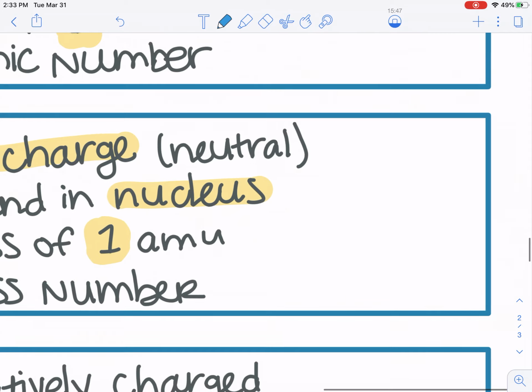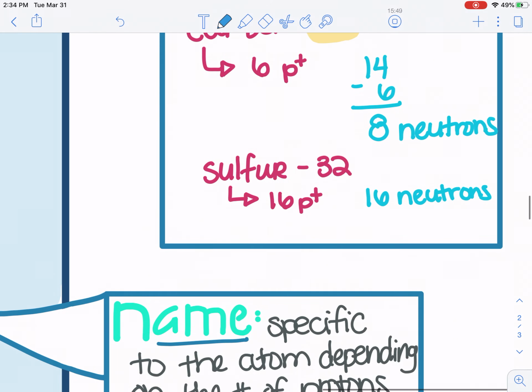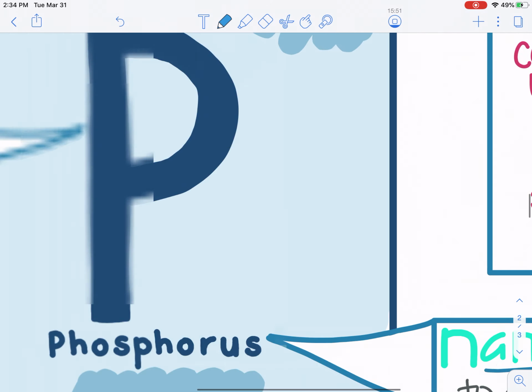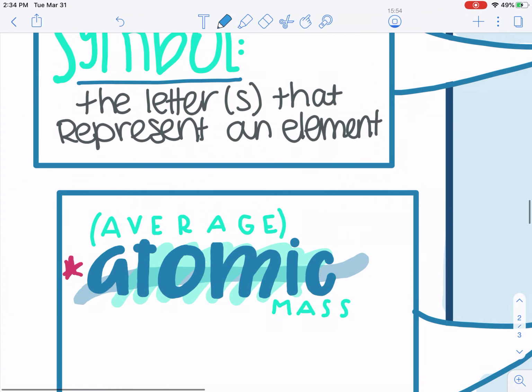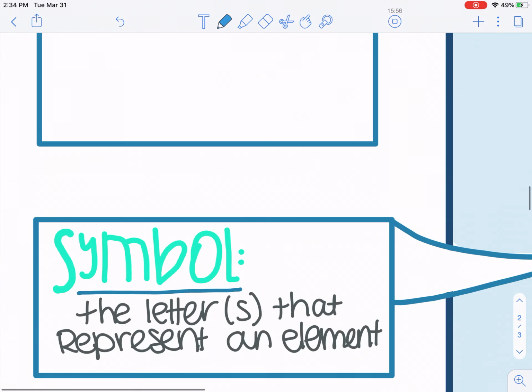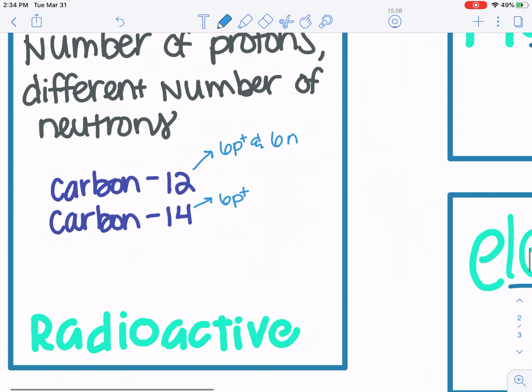Over here, there it is, carbon 14. 6 protons, again, it's still a carbon atom. And 8 neutrons. Different isotopes do have different chemical properties.